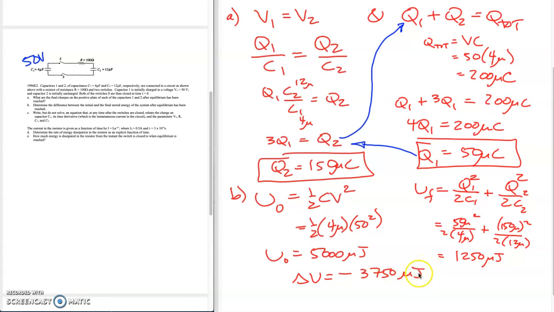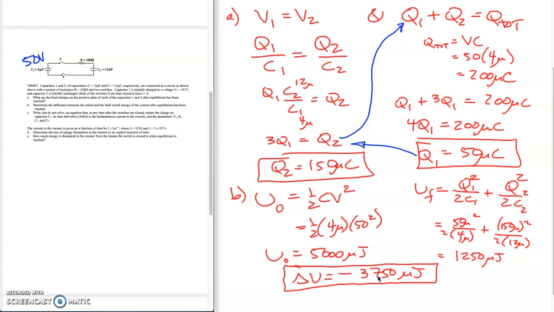Now, you can multiply this by 10 to the minus 6th. You can move it over and do 3.75 millijoules, just so long as whatever you get works out to be the same after you account for all of the differences in the powers of 10.